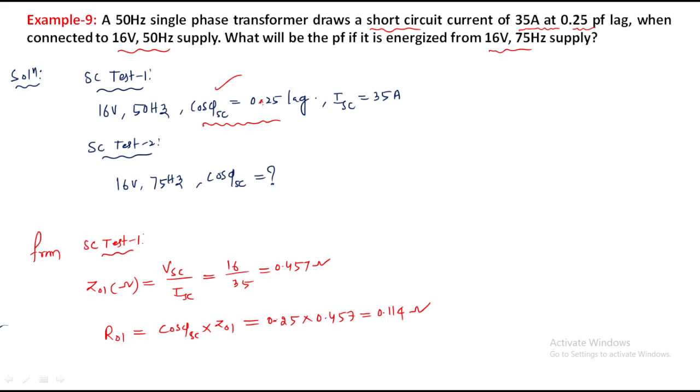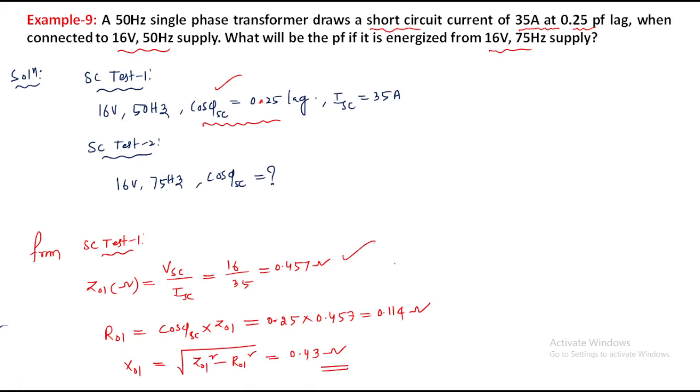Okay, and from this 0.114 ohms as R01, what is X01, which is equals to square root of Z01 square minus R01 square. From this you will get the answer as 0.43 ohms.